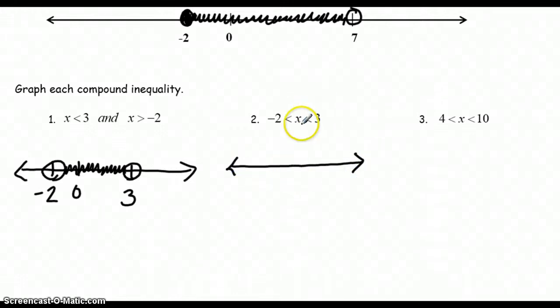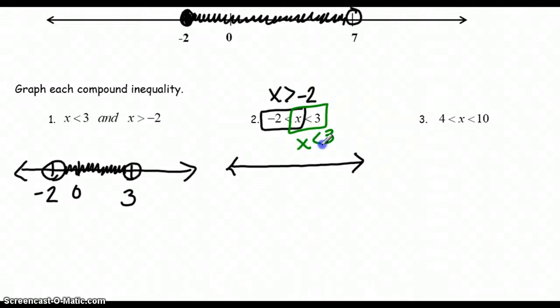Number 2. Here's our number line. We want values that are greater than -2, and we want values that are less than 3. So I've got -2, 0, and 3. We have open dots on both, and we're shading in between.